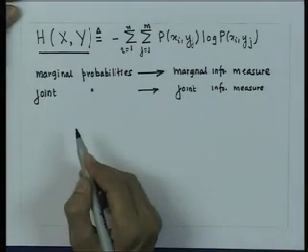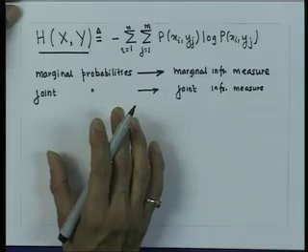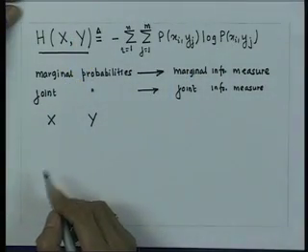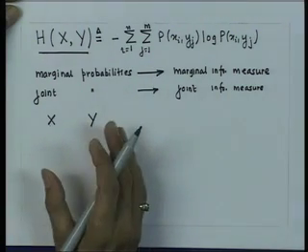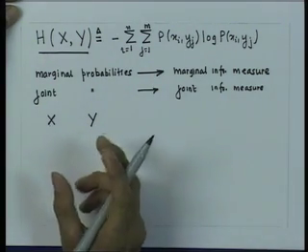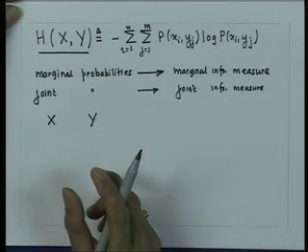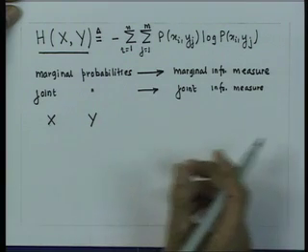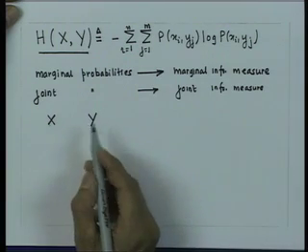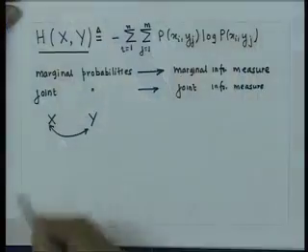So, the question that arises is, suppose I have two different experiments x and y, and possibly the outcomes of these two different experiments are related in some manner. Is it possible for me to define what is known as conditional information measures? Because I can always associate conditional probabilities with those two experiments x and y.